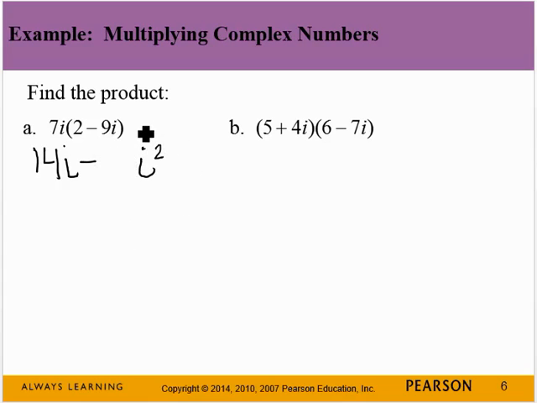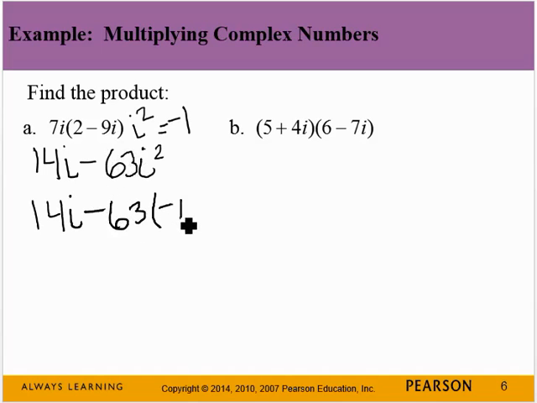Remember, i squared is really -1. So you have 14i minus 63 times -1.